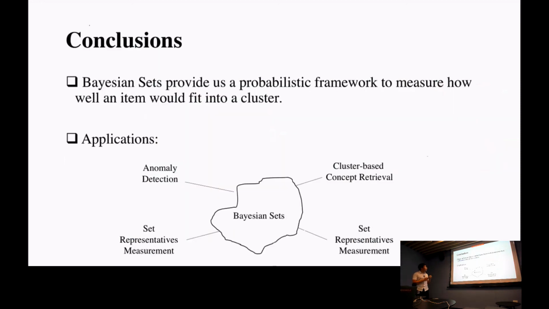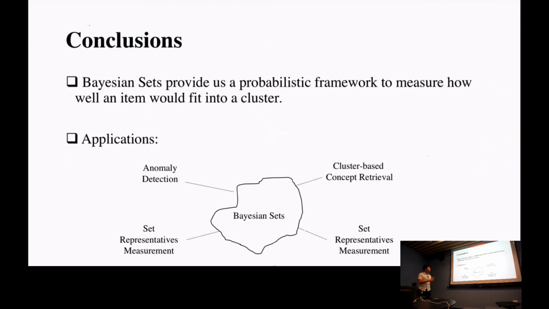So, in conclusion, this paper provides a probabilistic framework to measure how well an item fits into a cluster. So if you think about it, we can do many types of applications with these Bayesian measures.